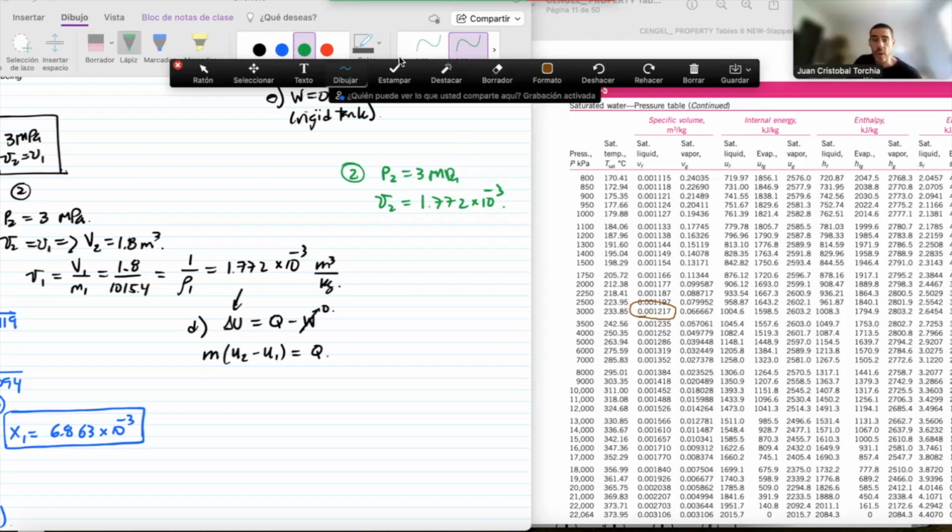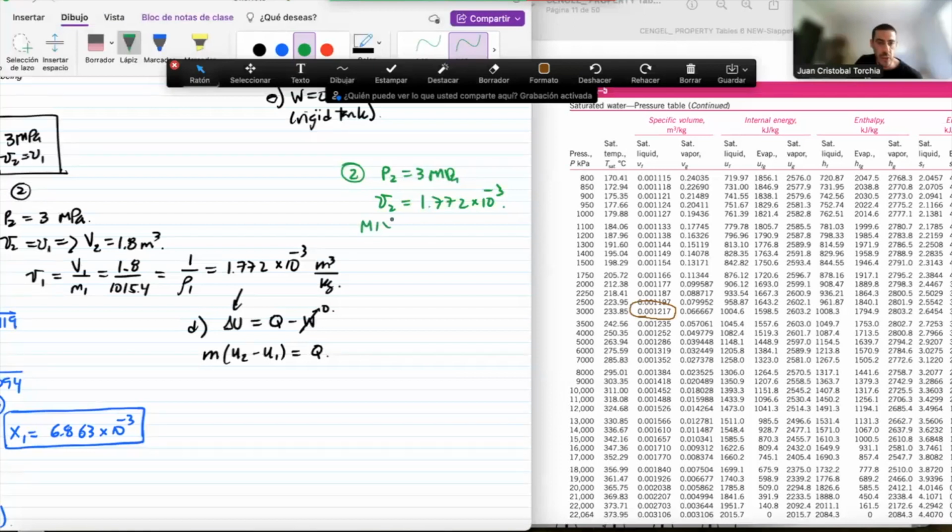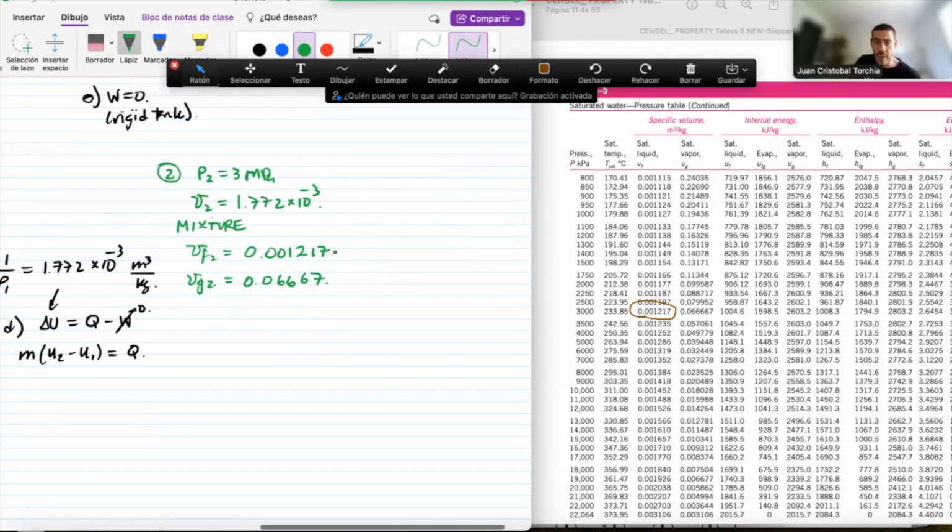So this one is already a mixture, just by looking at the table. Here, vf2 equals 0.001217, meanwhile vg2 equals 0.06667.